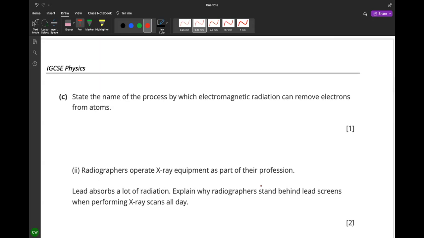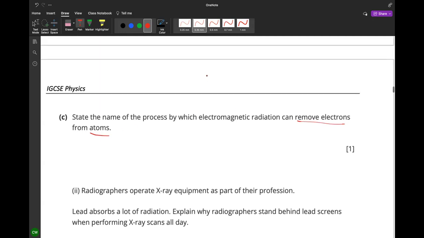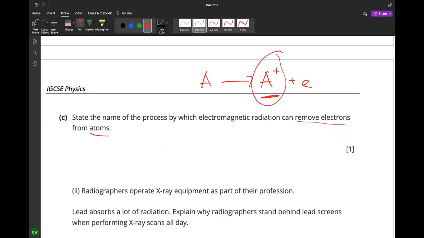State the name of the process by which electromagnetic radiation removes electrons from an atom. If you remove the electron, what happens to the atom? We lose the electron. It becomes what? Ion. So what is the name of this process?